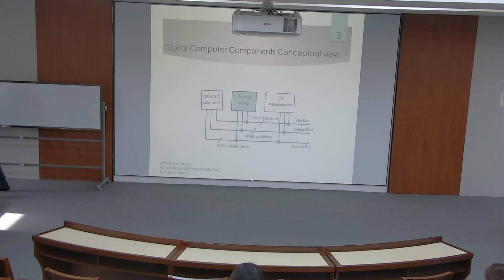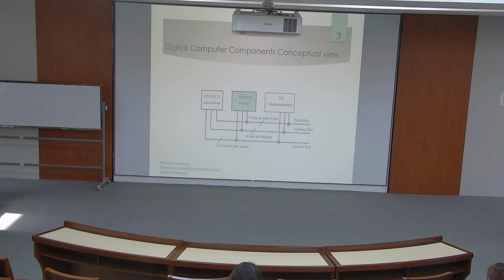Now, the number of bits in the data bus and the number of bits in the address bus are well known. But the number of bits in the control bus can be varied, depending on what kind of operation is being done by the computer.